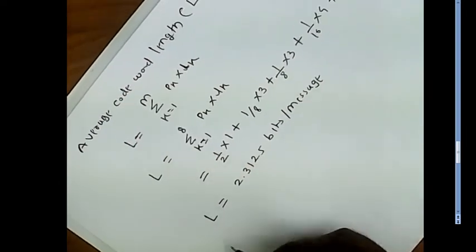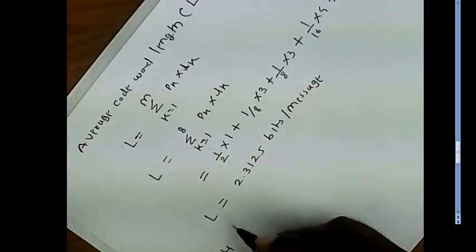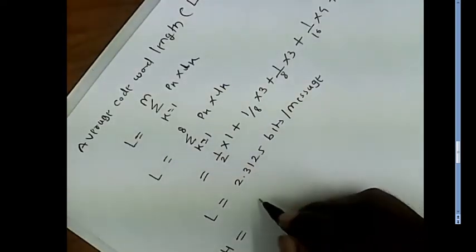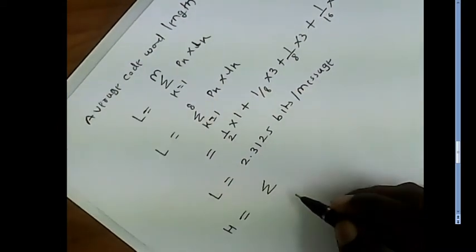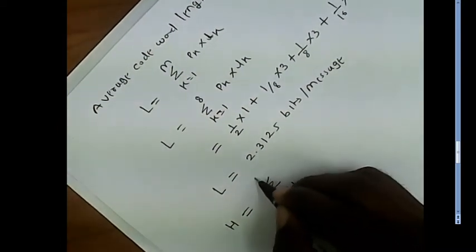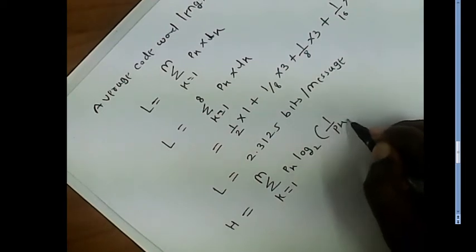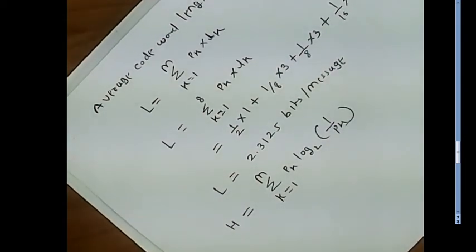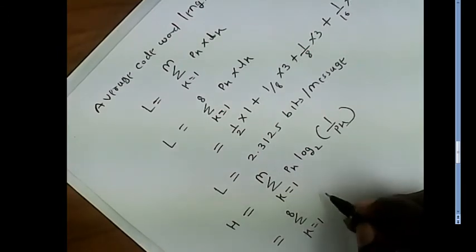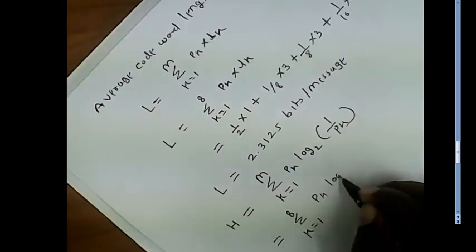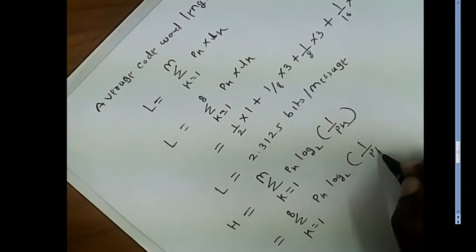Then calculate the entropy. Entropy is the summation from k equal to 1 to M equal to 8 of pk into log to the base 2 of 1 upon pk.